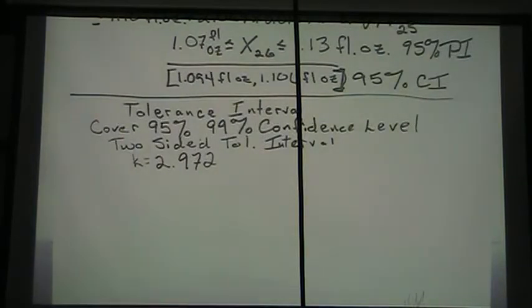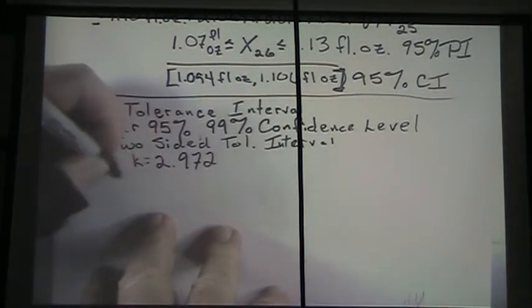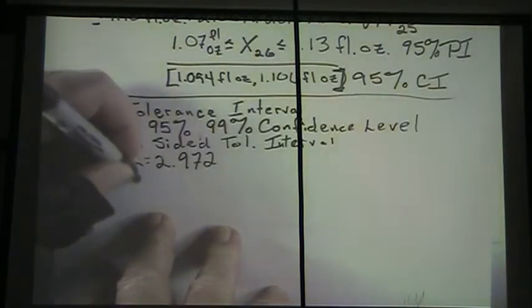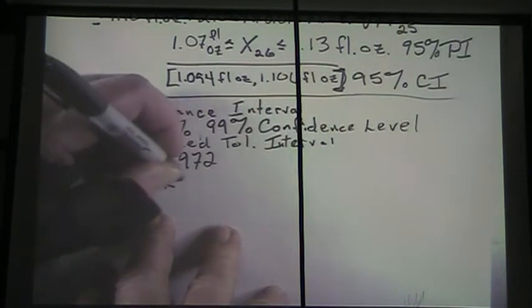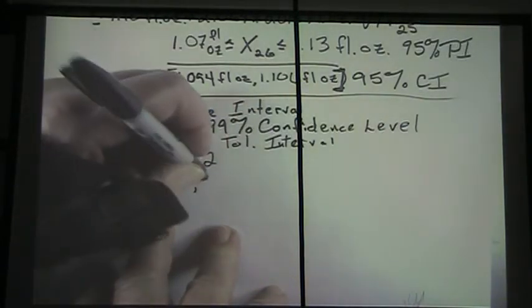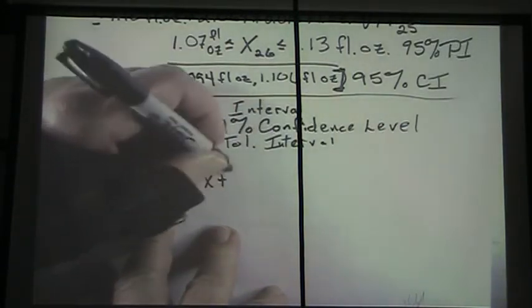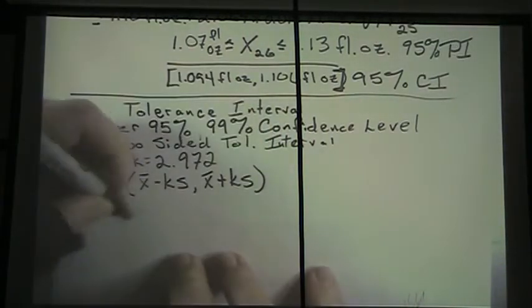Now, it's super simple because our tolerance interval is going to be X bar minus K times sample standard deviation and X bar plus K times sample standard deviation.